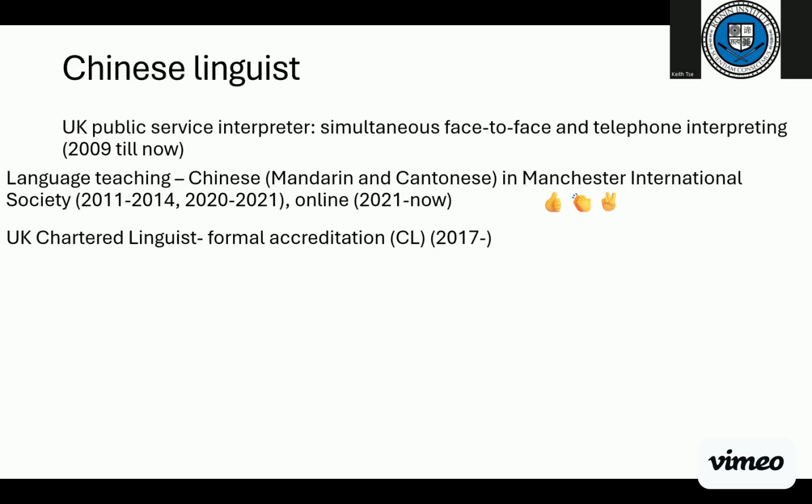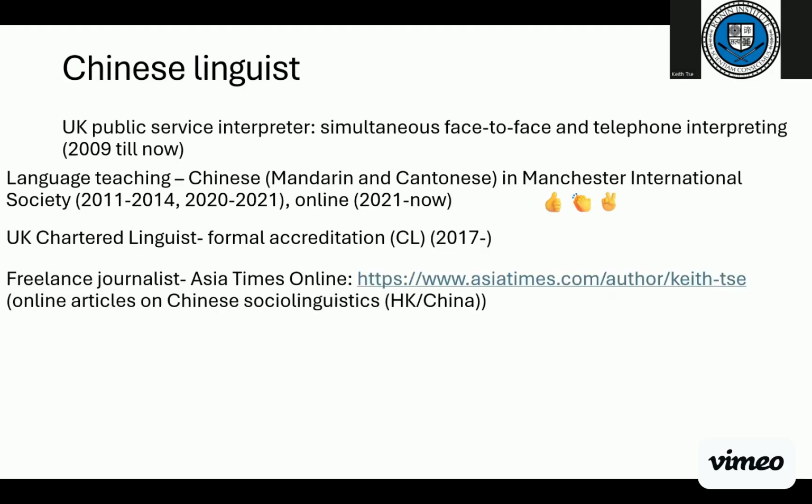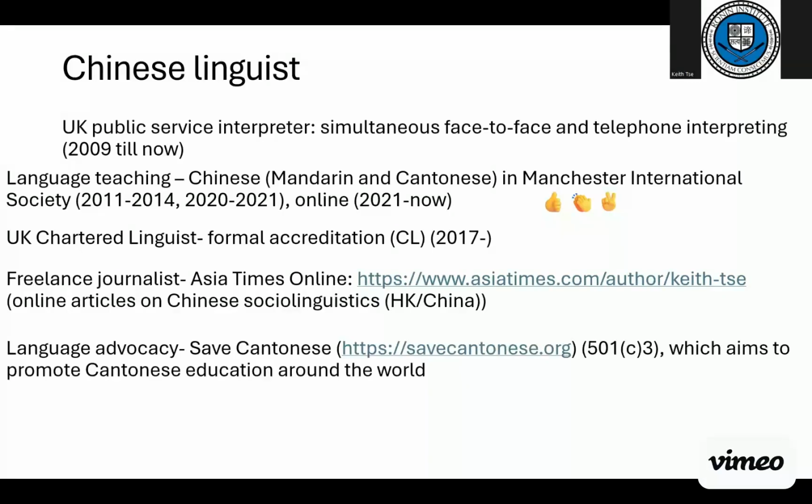I'm also a UK chartered linguist. So, since 2017, I've been a UK CL. I'm also a freelance journalist. So, I've got this column on Asia Times where I've been talking about Chinese sociolinguistics with a focus on Hong Kong. And I'm also a member of Save Cantonese.